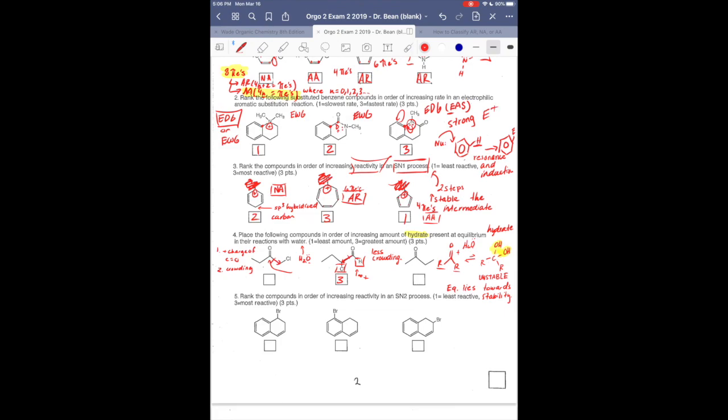Now, what do you guys think between the first one and the third one, given all that knowledge? So I would go with the first one being number 2 and the third one being number 1, because what's the difference between these two? So the difference between these is that this one has the chlorine and this one does not.